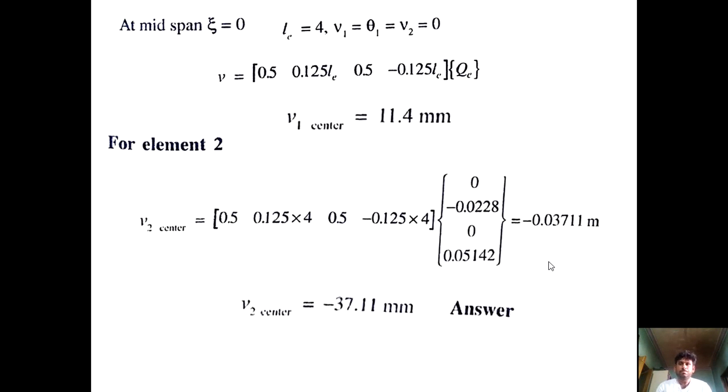Yes friends, the problems are almost similar, but we should be very careful about the boundary conditions and, very importantly, the type of loading. Practice it well, and for any doubt you are very much free to contact me directly. Thank you.